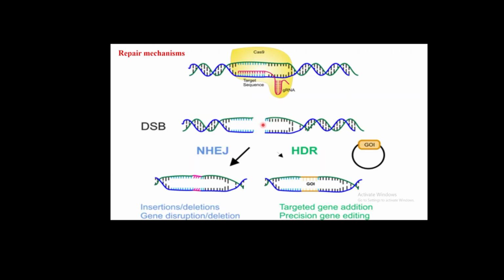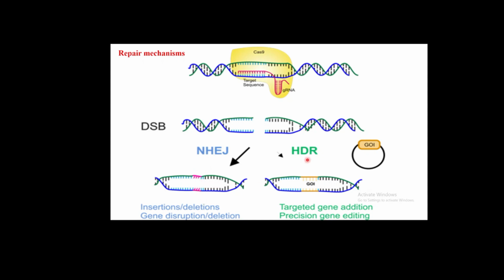So there is a double stranded break. This is non-homologous end joining, where there will be insertion and deletion. But if there is a single strand break, then the other strand will work as a template, so not much random addition and deletion will happen.